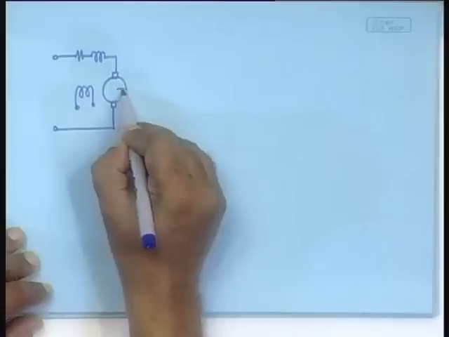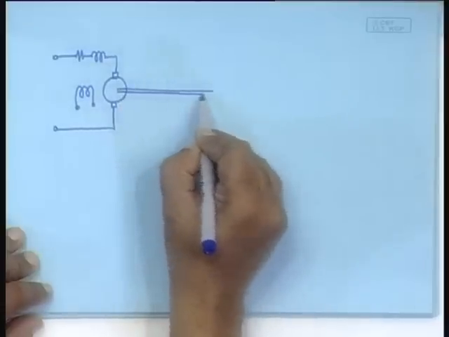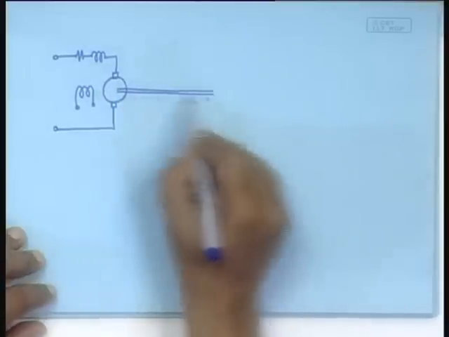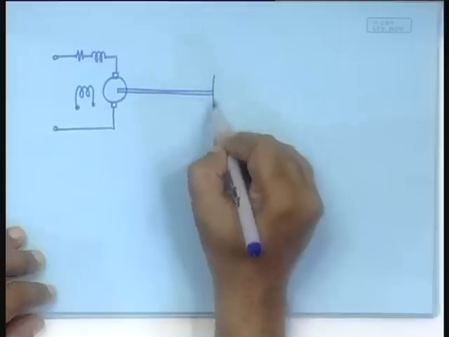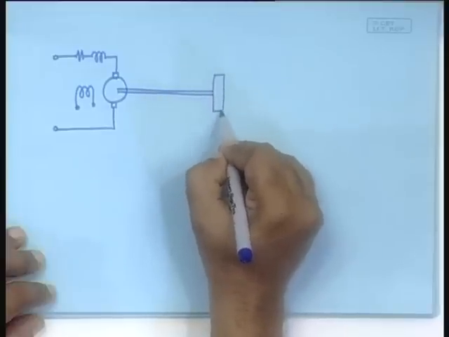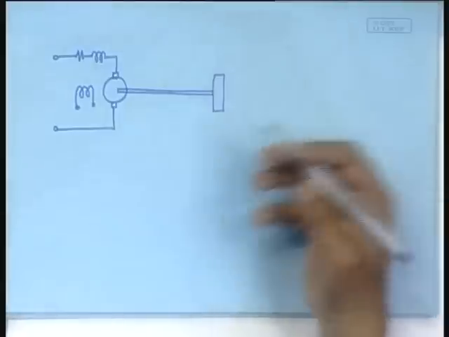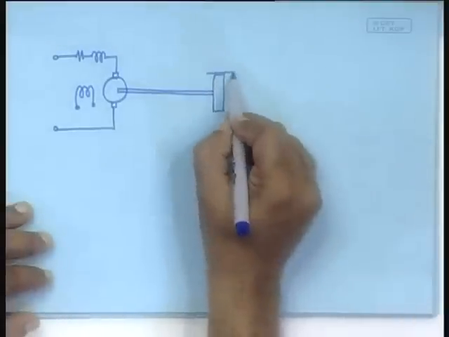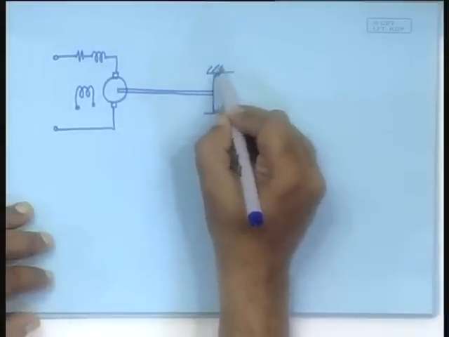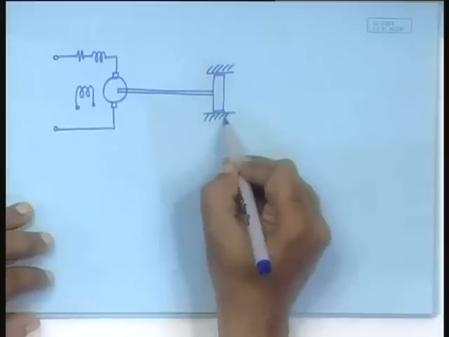This was connected by means of a shaft to some rotational mass, which is allowed to move against a frictional element.